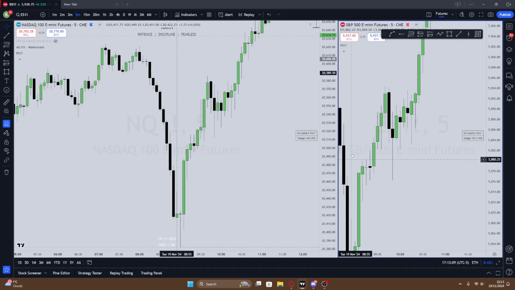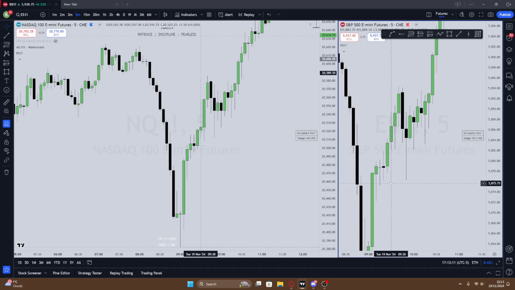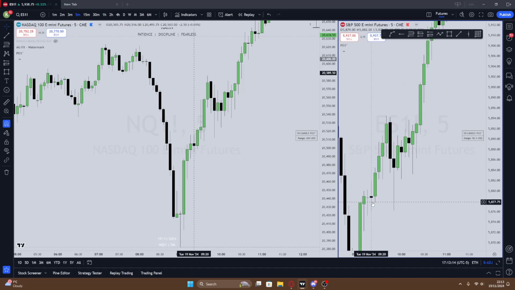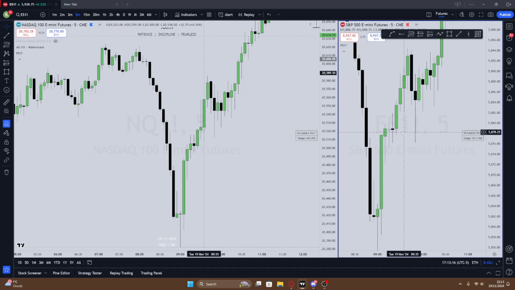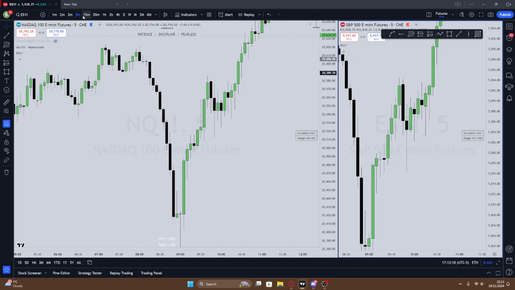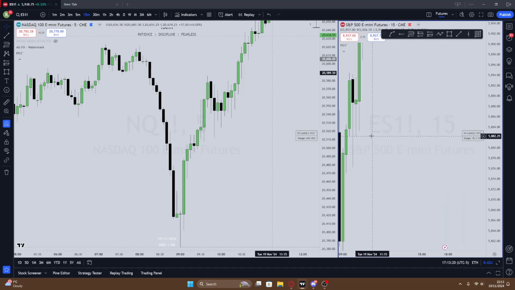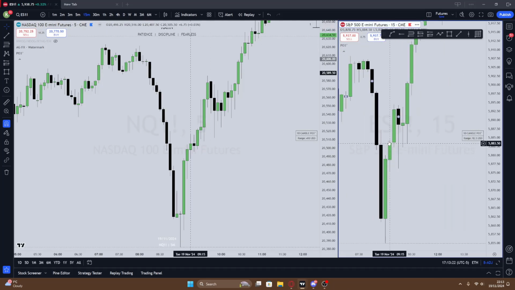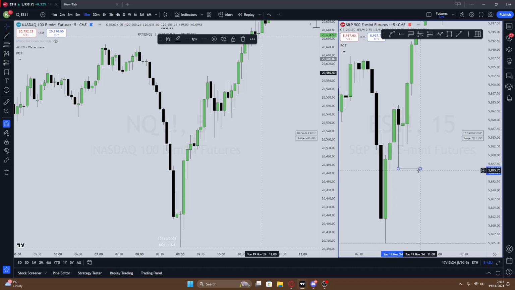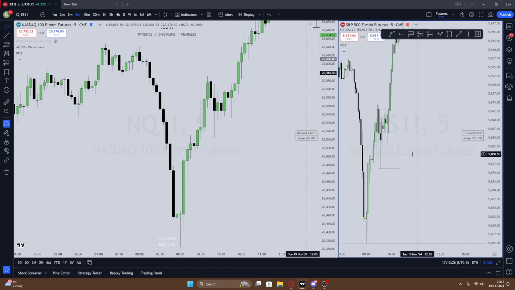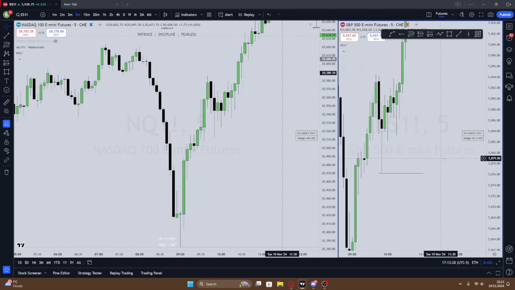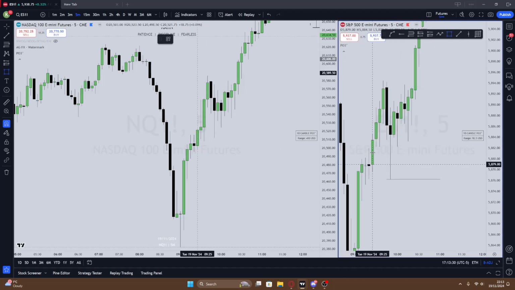So over here we made an intermediate low. Where is it? Was it 15 minute? Okay, it was the 15 minute. Alright, so the 15 minute intermediate term low was placed over here, and we also came in and swept some liquidity, so that makes it a valid range.